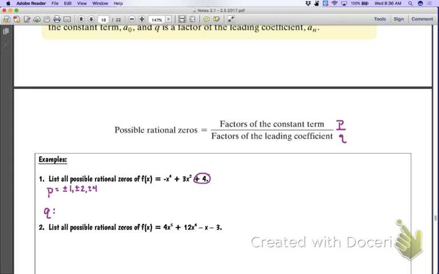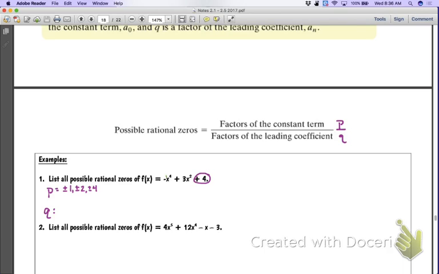Now, the way that I do it is probably a little different than some because I like to work smart, not hard. I usually don't list out the values of Q. I just take whatever I have and start dividing by that, or just kind of add to my list.